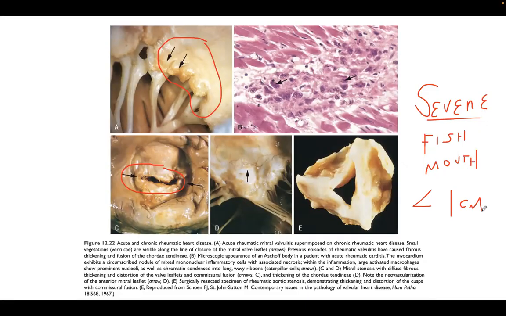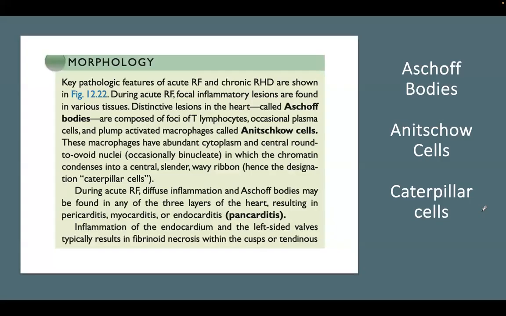Now, this is very important because this is lifted from the morphology of Robbins, and it has to be correlated with Harrison's. So here are the Aschoff bodies.